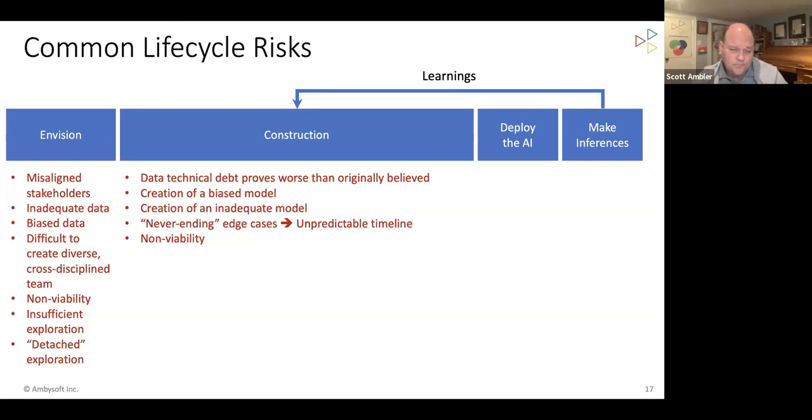Never-ending edge cases give you an unpredictable timeline. What I mean by this is, as you're building your model, or your robots, in case you're doing robotics instead of AI, you run into problems, things where we just can't figure that out, or can't figure it out right now, and it's going to be a bit of work. For example, I was working with a robotics firm about a year ago, and they ran into some edge cases.